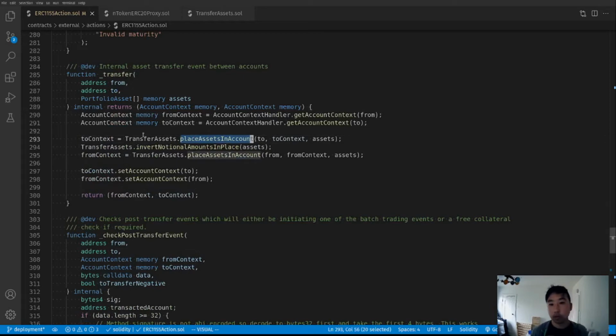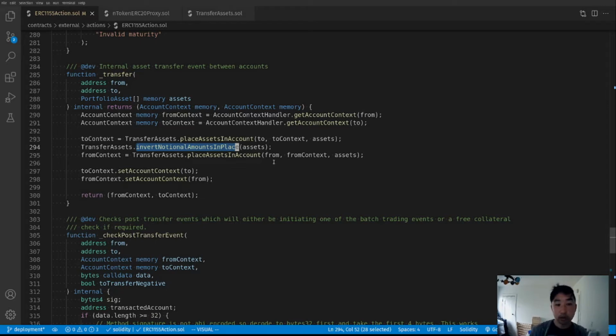So if the amount is 100, we will place 100 Fcash in the destination account, and then we'll invert the notional, flip the sign, and place negative 100 Fcash in the from account. Now, if the from account has 100 Fcash, they'll simply go down to 0, and that transfer will take place. If the from account has no Fcash, they'll actually incur a negative balance, so they'll now incur a debt of 100 Fcash.